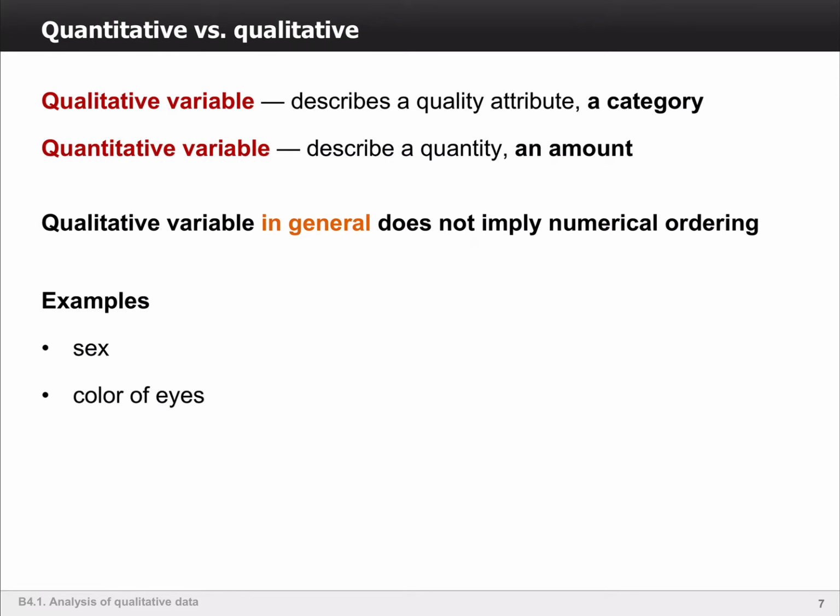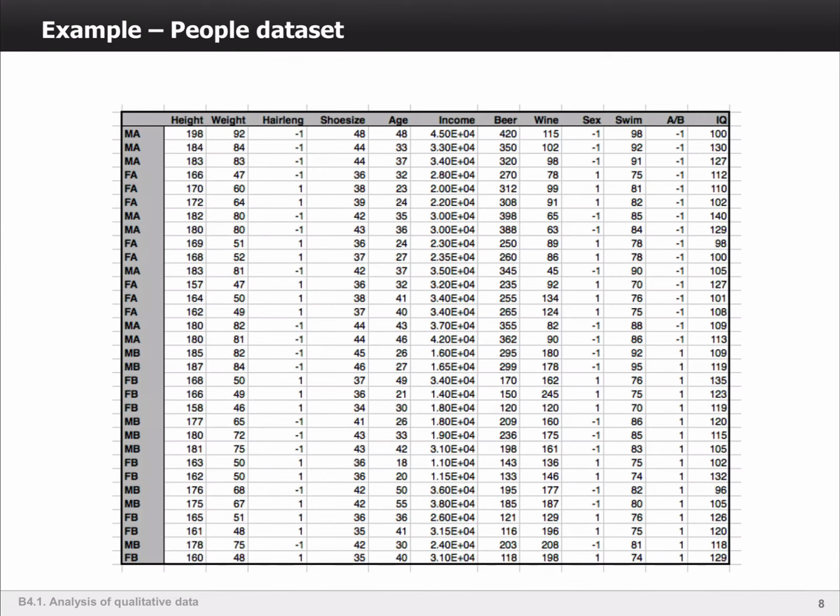Then, for example, color of eyes. It's the same idea. You cannot order it. And you still can use numbers like 0, 1, 2 for different colors of eyes, but it will make no sense. It's just a code. When you recall the people data, we had at least 2 purely qualitative variables. It was region, which we coded with -1 and +1, and then it was also the sex or gender, also coded like this.